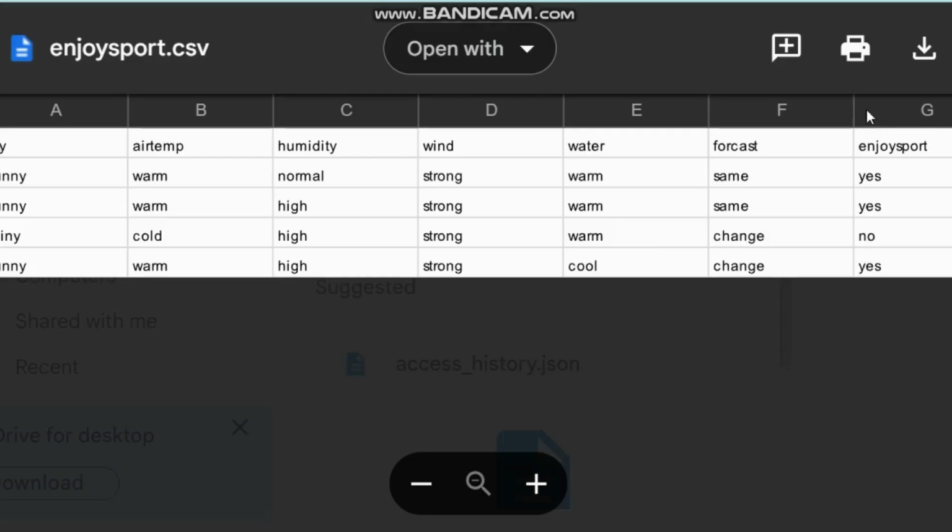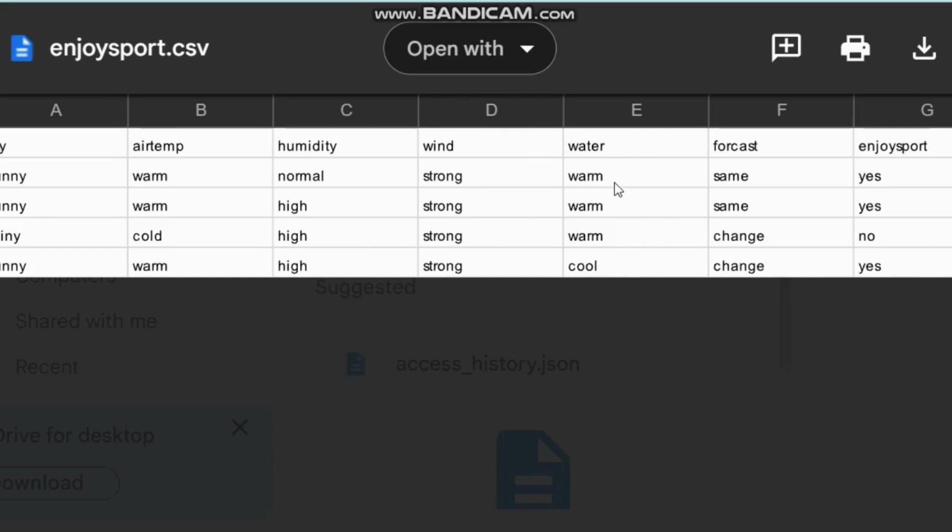But if we go to the last instance, the sky is sunny, the air temperature is warm, the humidity is high. As you can see, the humidity is changing here from the first instance, but since we have marked it as a question mark, we do not need to consider this. The wind is strong, the water has changed.